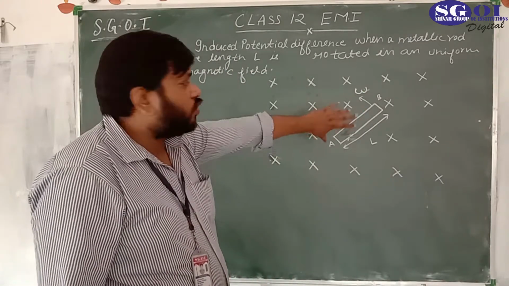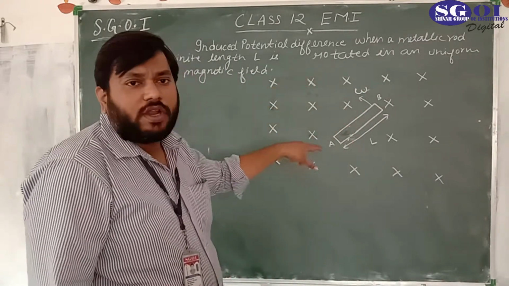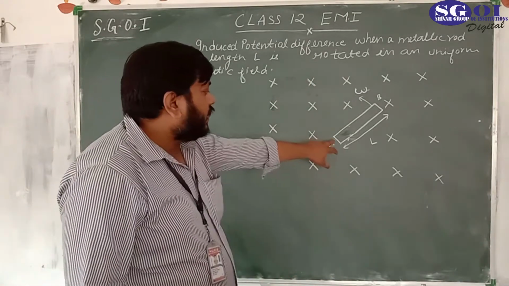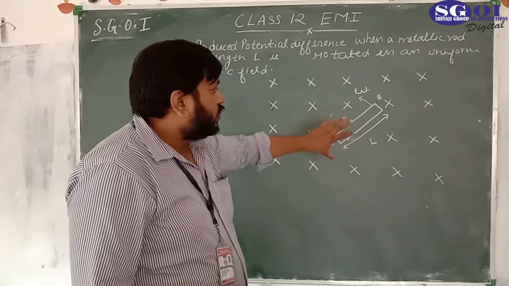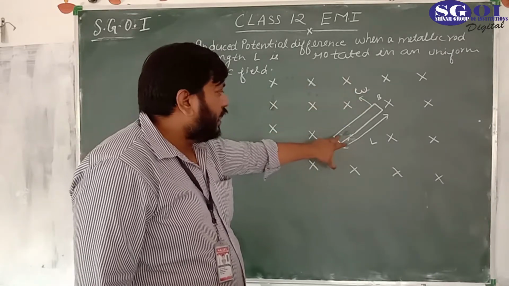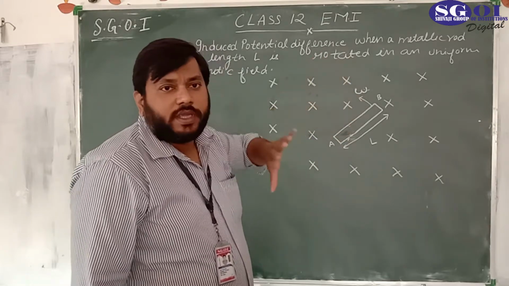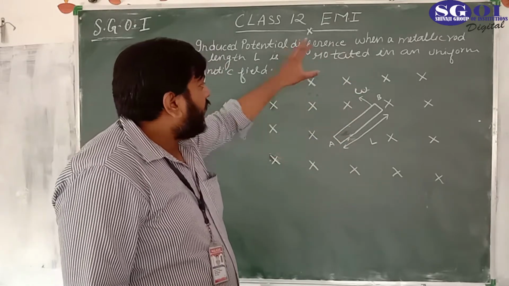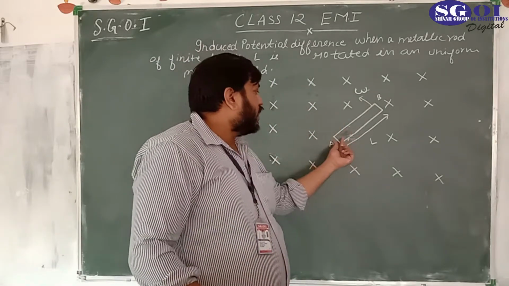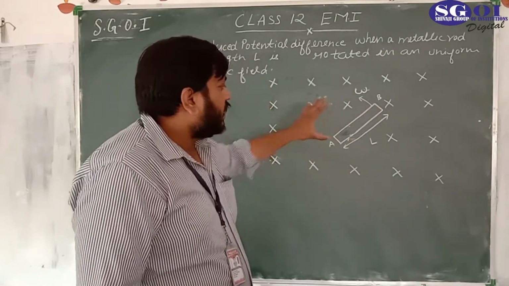This rod is rotating with angular velocity omega about the end A. So this rod is rotating about the end A with angular velocity omega, and we have to find the potential difference which would be induced across the ends of the conductor.